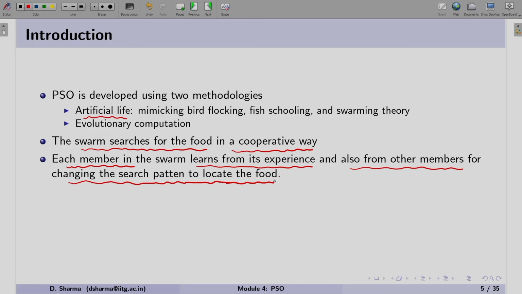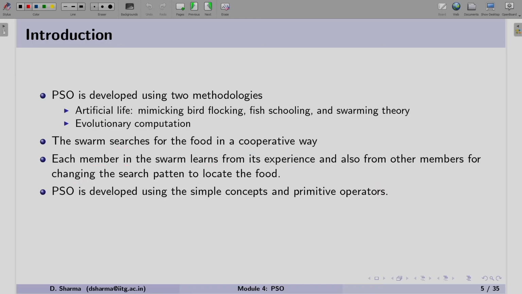That is what we refer to as the global best. So they work individually, looking for their own best position, and they also see the pattern of other members, so that we can find an optimal solution for the given problem.